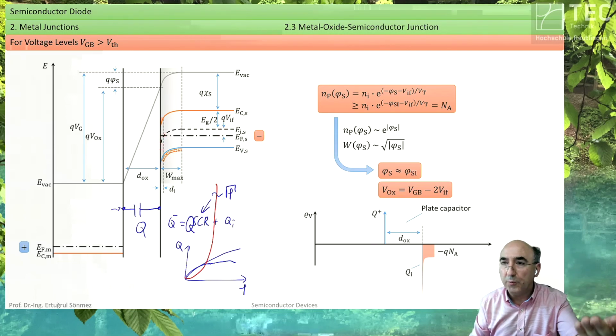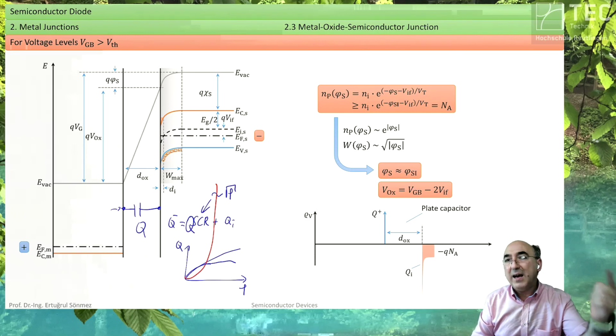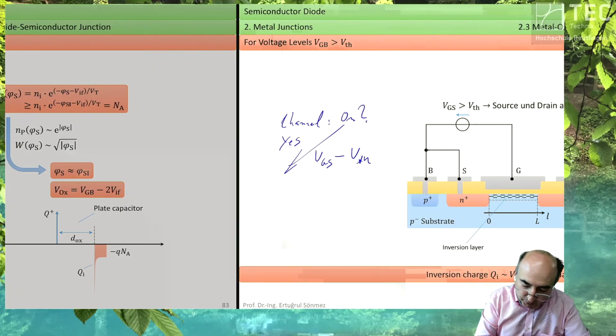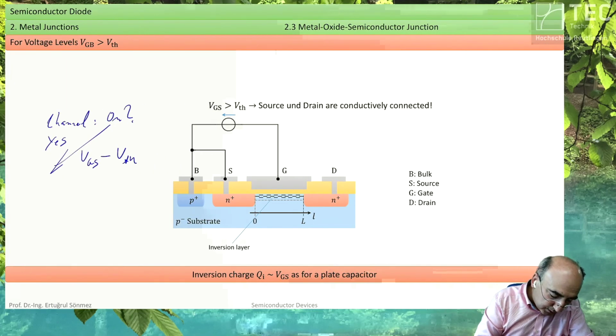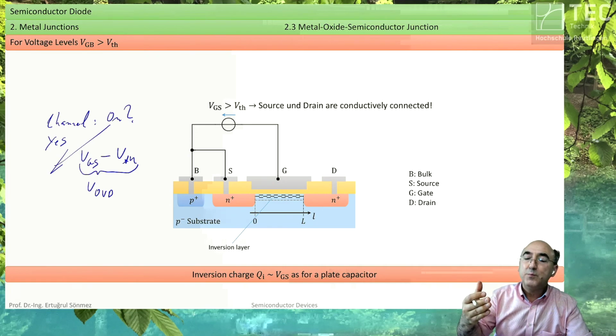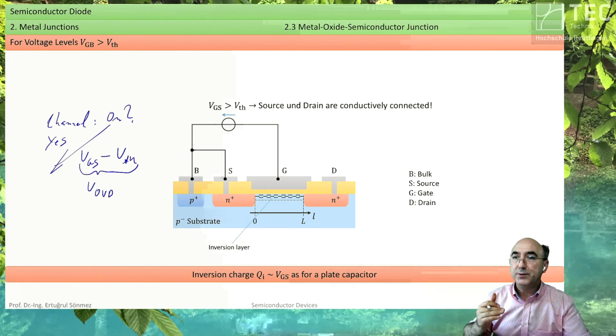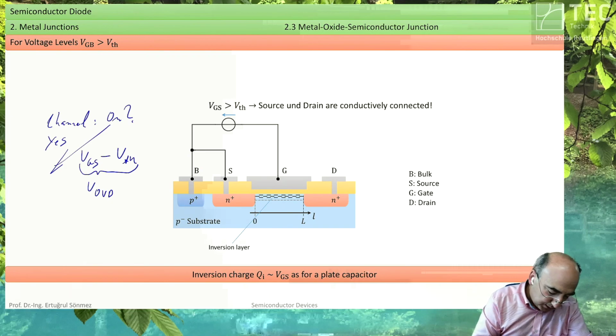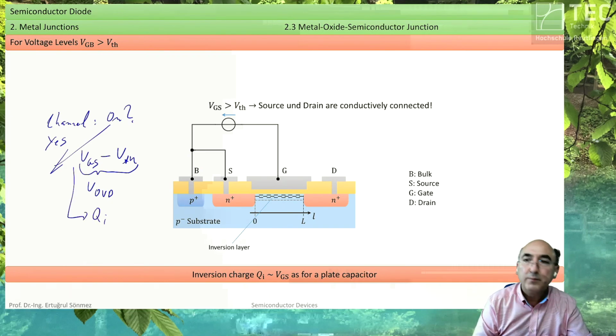After forming the channel, you can generate the inversion charge, and the inversion charge is generated by the overdrive voltage. You drive more than required, and the voltage applied beyond what is required generates Qi.